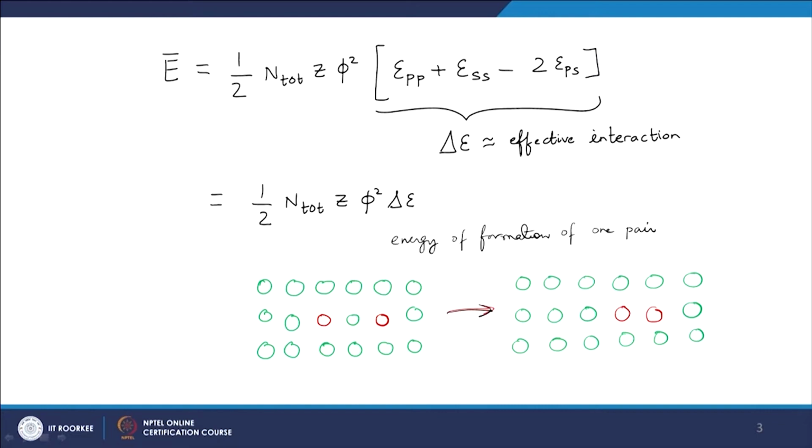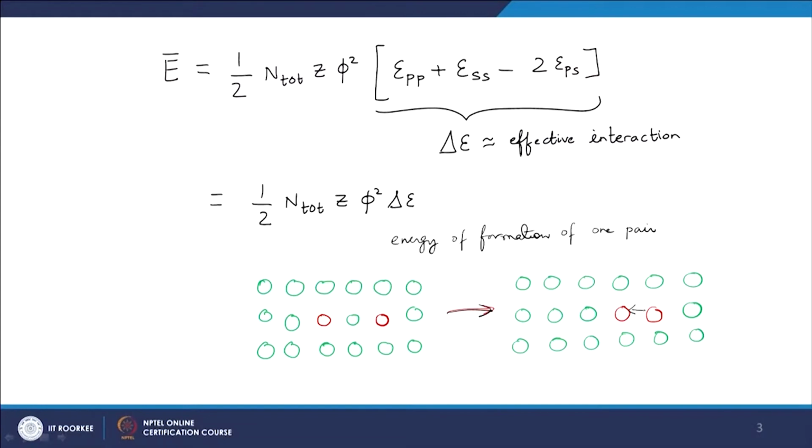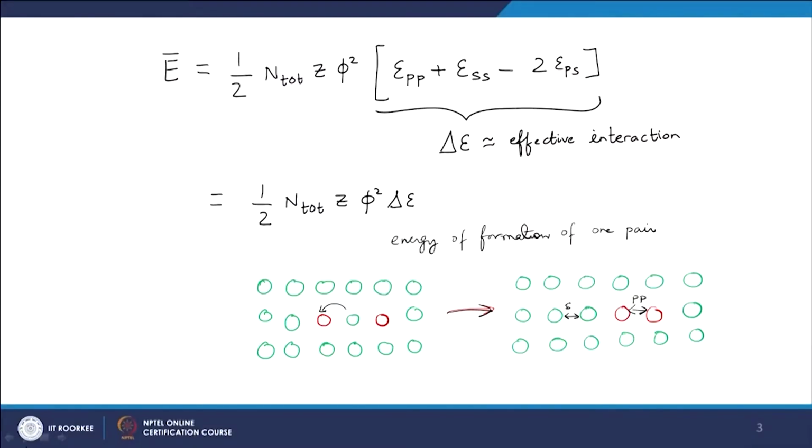Now if we look at this arrangement, what you will notice is, going from left to right, we formed one additional pair of solute, and since the solvent moved here, it also formed a new solvent pair between these two.